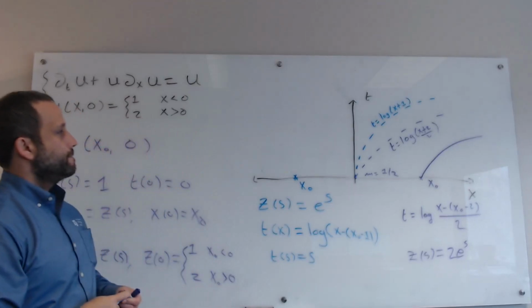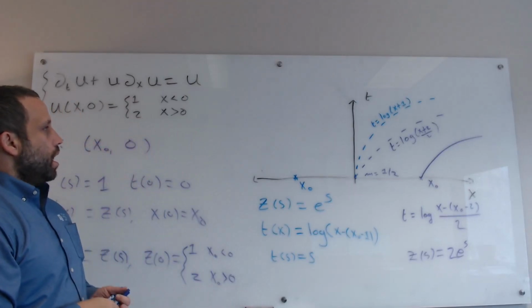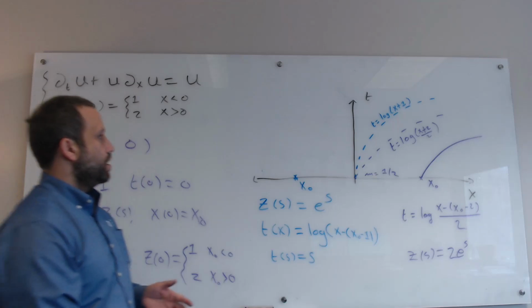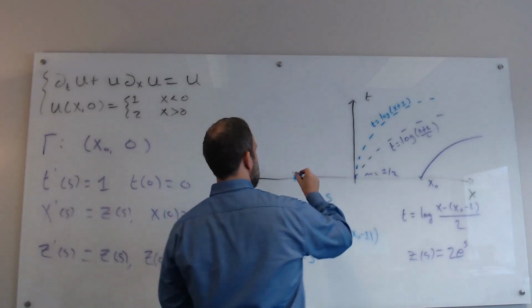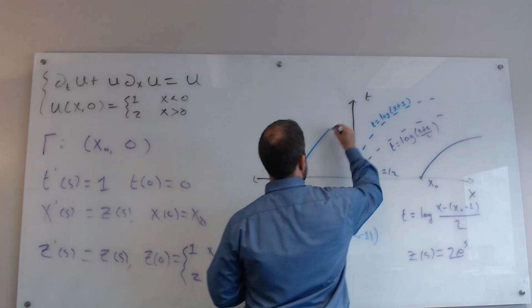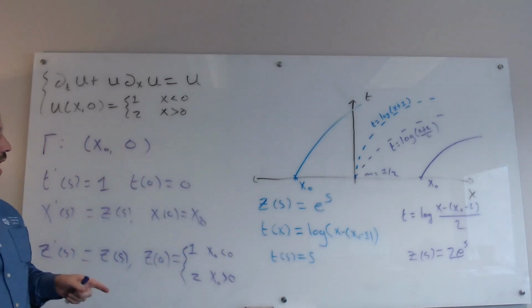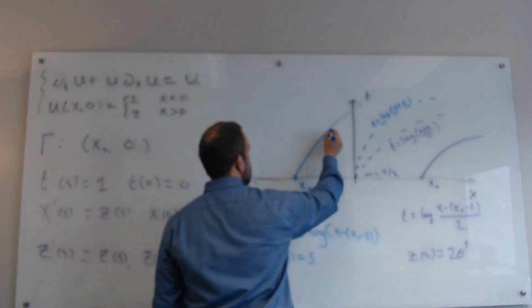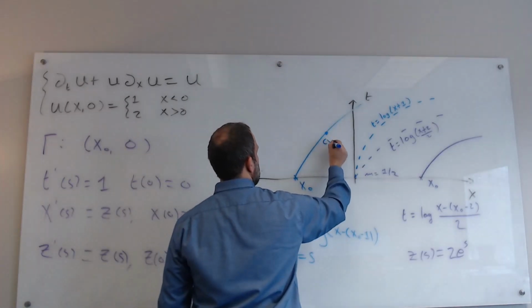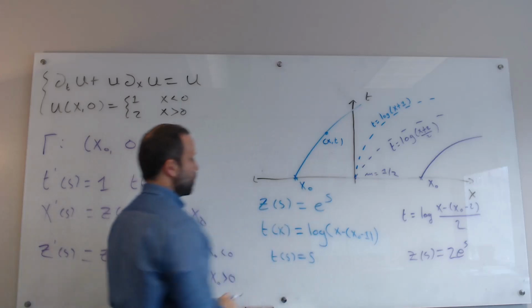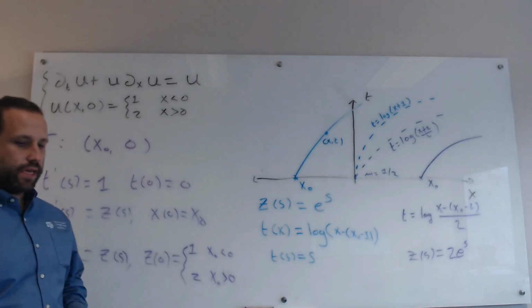All right, so now if I look, we've got characteristics that are going over here like this. Okay, so now if I pick a point here, and I call that x comma t, that point is xt.